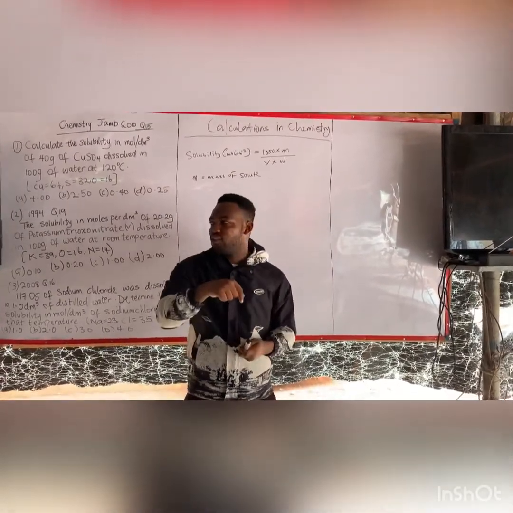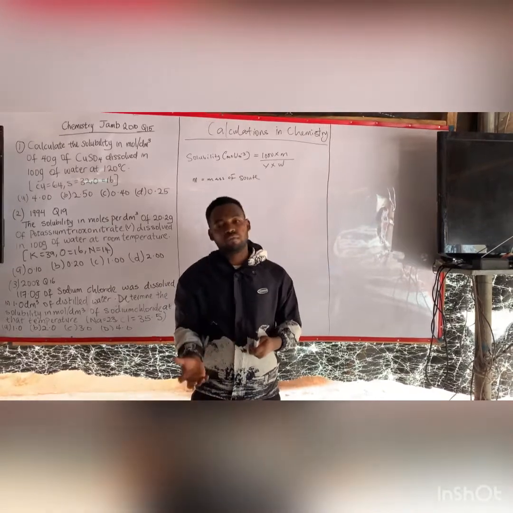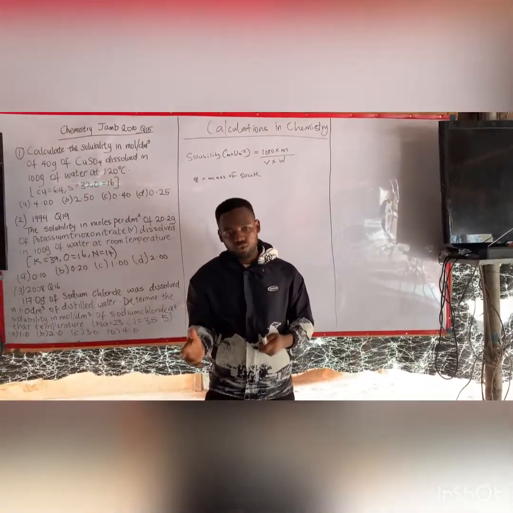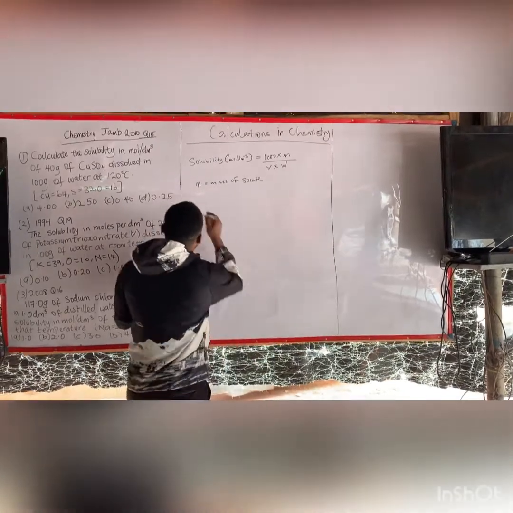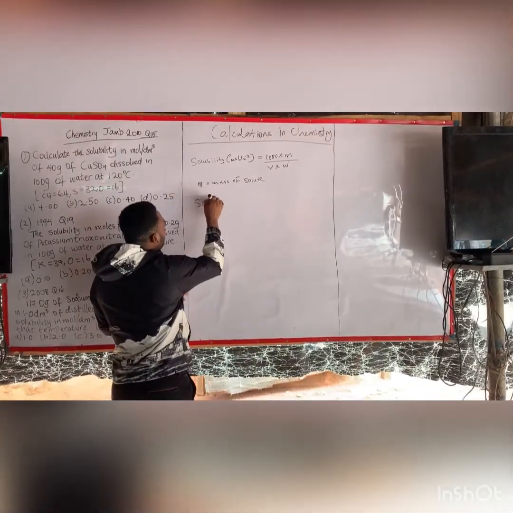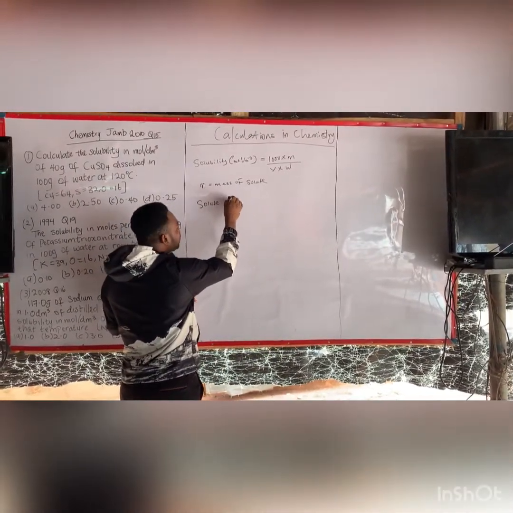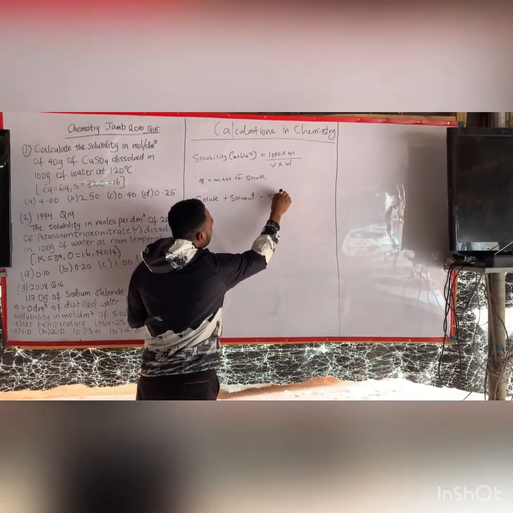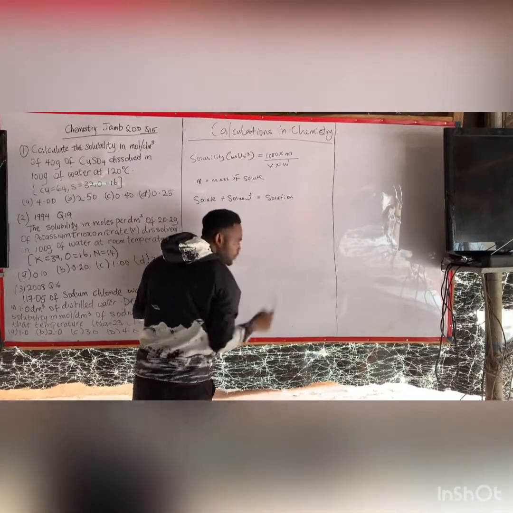The hot water you are dissolving it in is the solvent, while the Milo or the milk you are dissolving in the water is the solute. So that we know that when solute has been added to solvent, the resulting mixture is going to be what? Our solution.